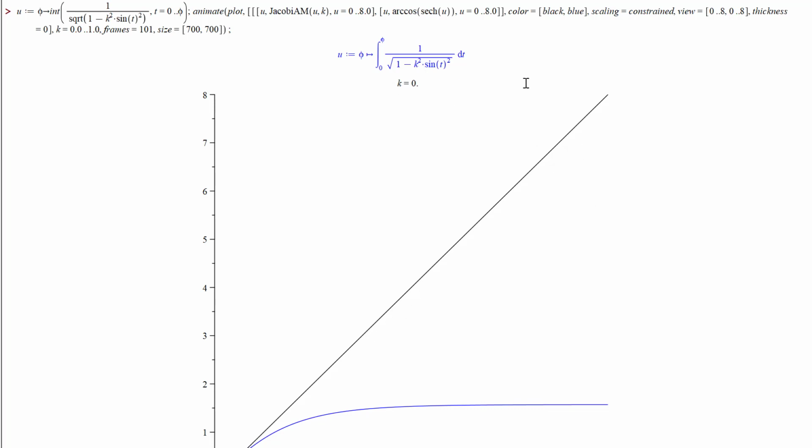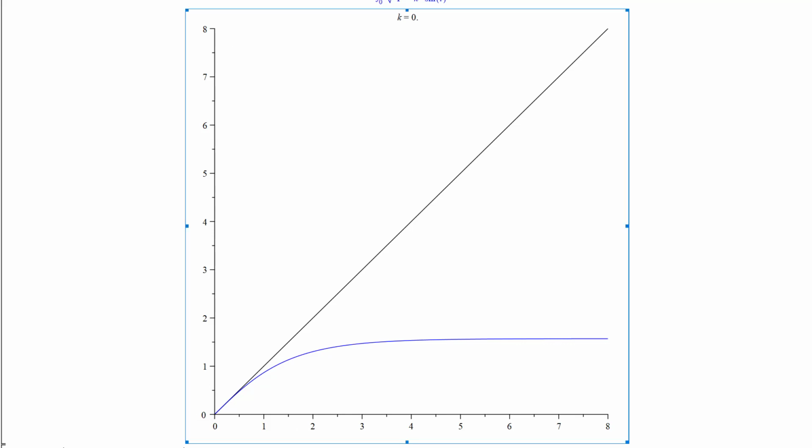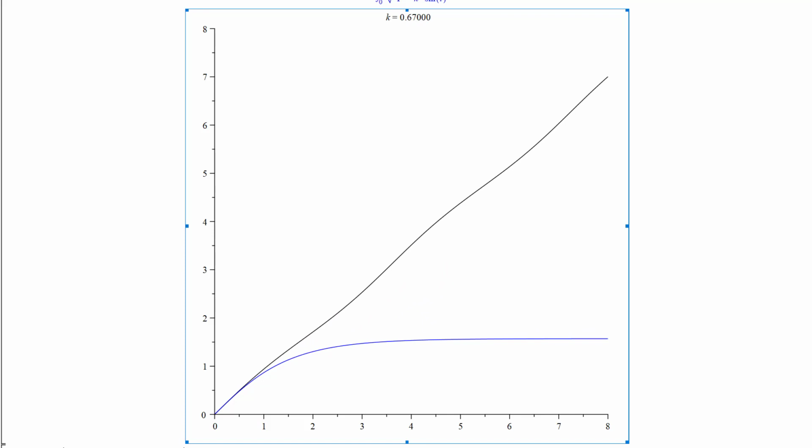As k approaches 1, what we're going to approach is the arc cosine of 1 over cos u, which is hyperbolic secant of u. And I have that graphed as well. So on the vertical axis, I've got phi. On the horizontal axis, I have u. We didn't label them, but u is on the horizontal here. Phi is on the vertical. So as k increases, not too much change. So we'll see that happens a lot.